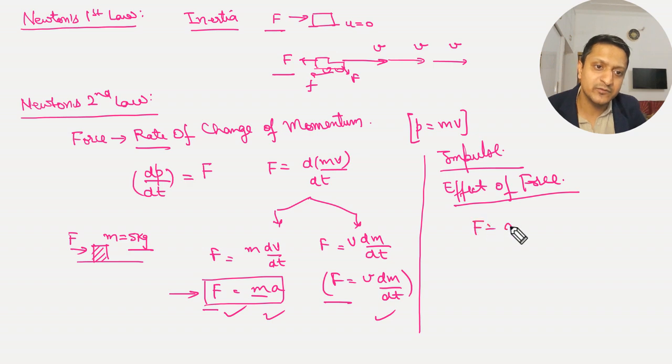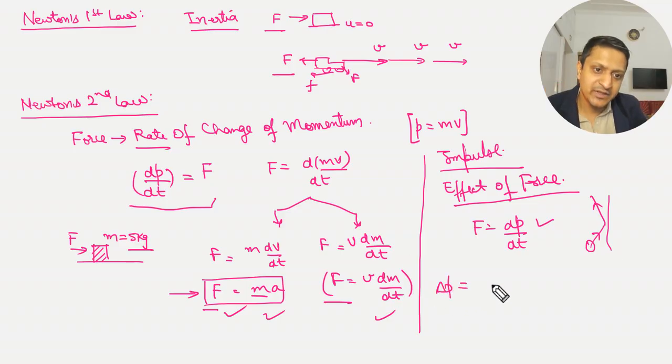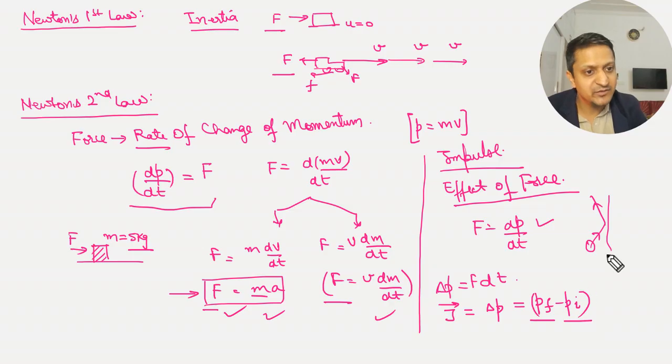Force equals dp by dt, which we already know, but when the time is very short, like a ball striking a wall and moving away, we say that delta p is equal to F dt, and we denote it with J, and that becomes impulse, the change in momentum: the final momentum minus the initial momentum of the ball.